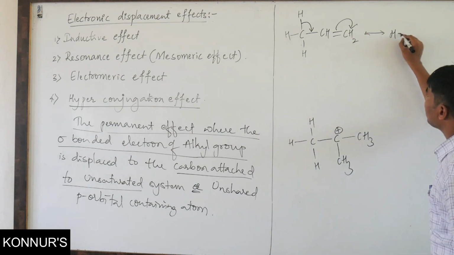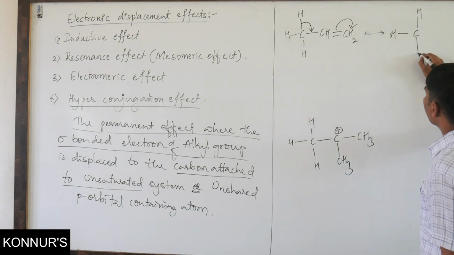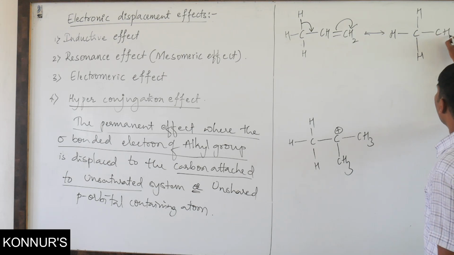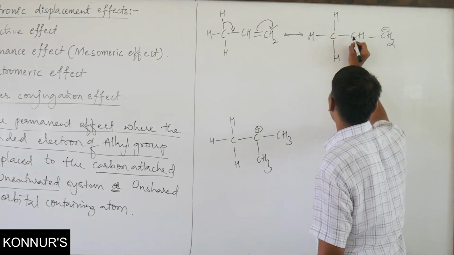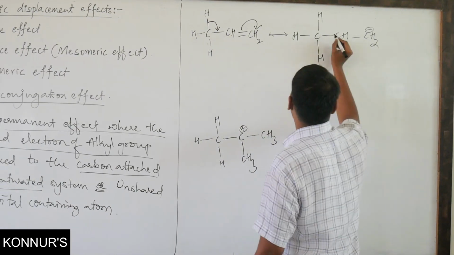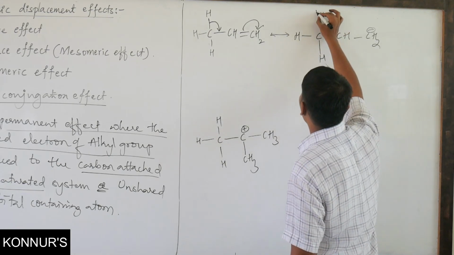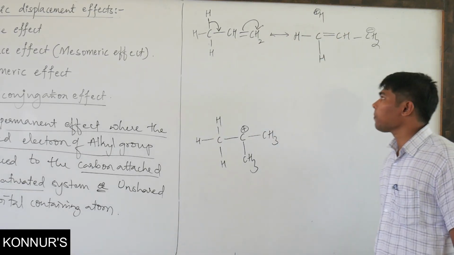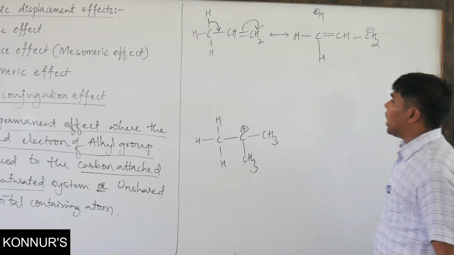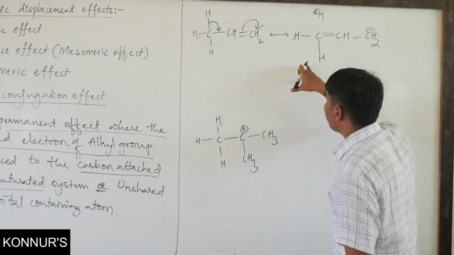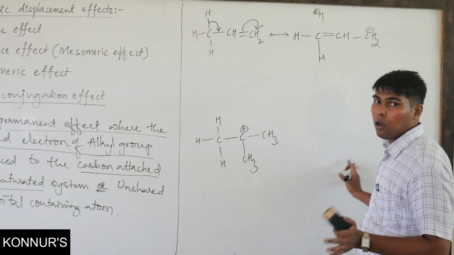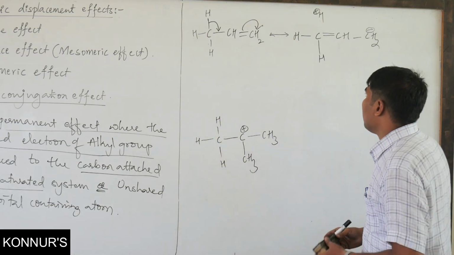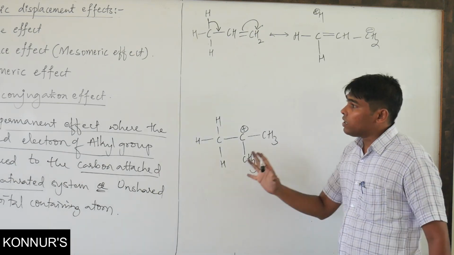So what happens is H, C, here H, single bond CH, double bond CH2, where this becomes negative, and this sigma bond between the carbon and hydrogen breaks down, and this gets a positive charge. So now allyl is having the stability. The allyl carbanion is now getting the stability. So in order to explain the stability, this effect is there.